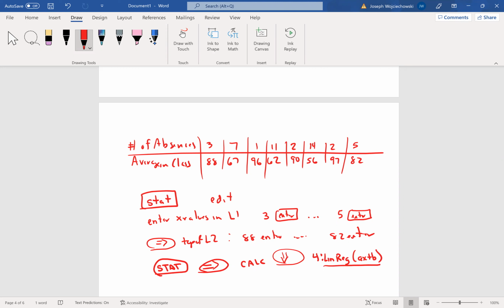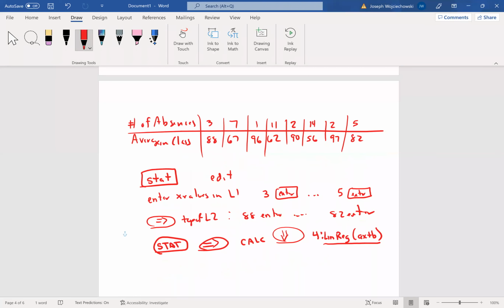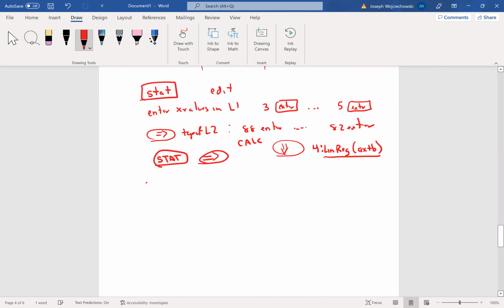This should show on your screen, and hit enter again. And when you do that, it should say LINREG, and I get y equals AX plus B. It says A is equal to negative 3.270248597, and B is equal to 98.14514836.